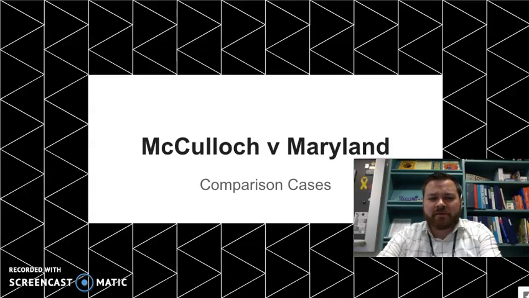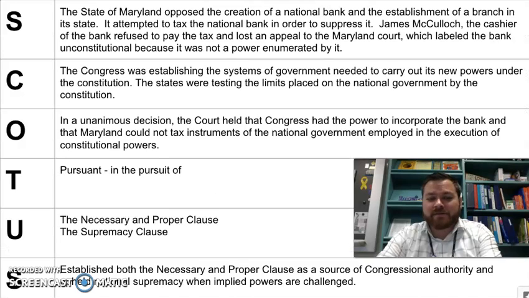So I have this handy little acronym that uses SCOTUS, which stands for Supreme Court of the United States, but it also stands for the setting, context, opinion, text, United States Constitution clauses, and significance. I know that's a bit of a mouthful in terms of items, but I feel like it's a really easy way to keep those court cases nice and concise in your mind.